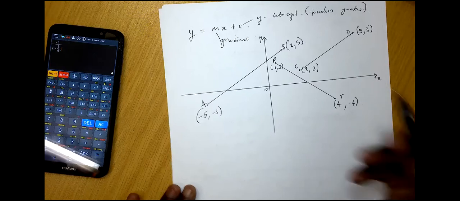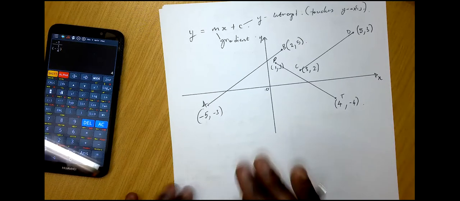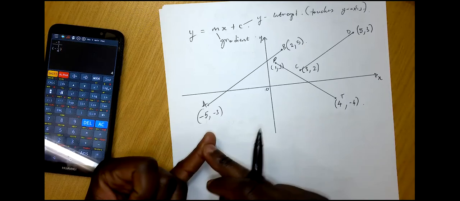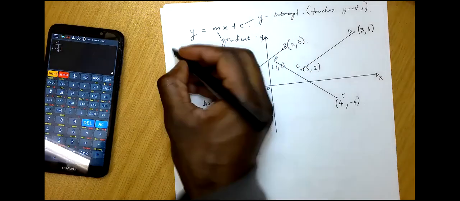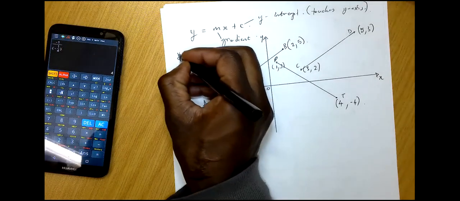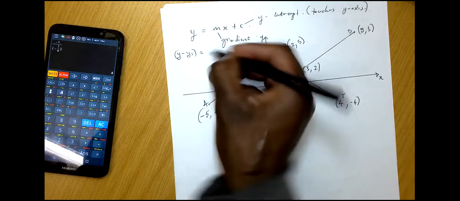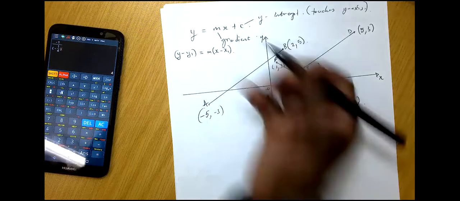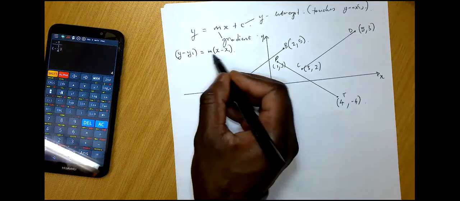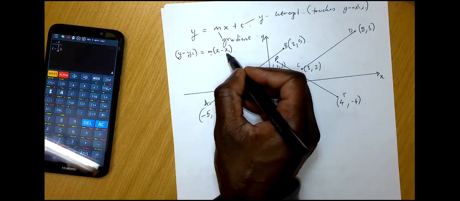First of all, you need your gradient, and you need to substitute into this equation. Let's have the easiest method here. You say y minus y1 is equal to m times x minus x1. Once you calculate the gradient, you have to use one of the coordinates between those 2 points that you are given.